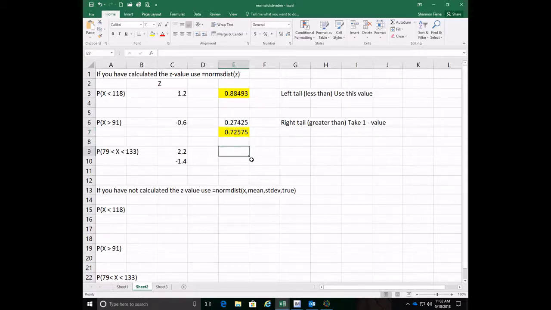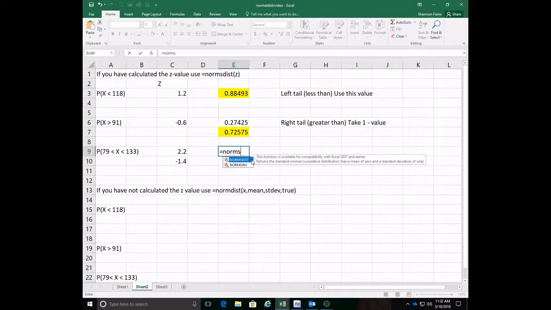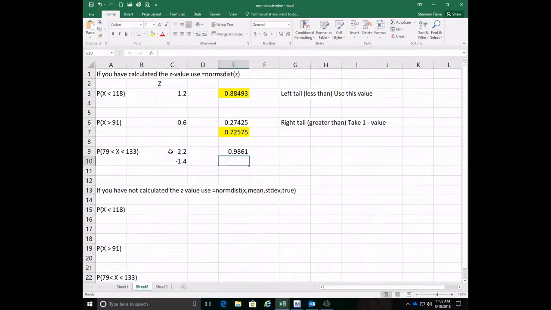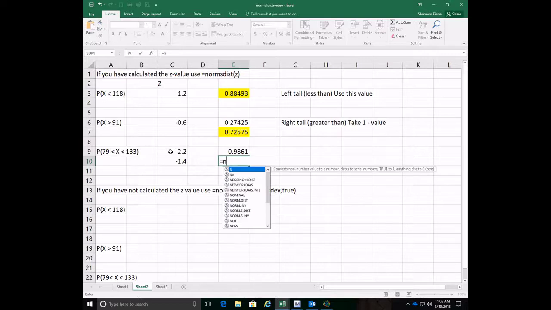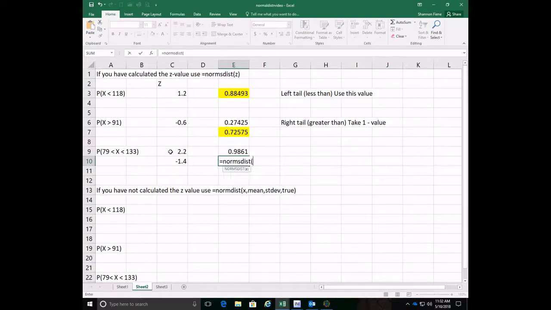All right, now we're going to do 2 NORM.S.DIST. Equals NORM.S.DIST. Click on our value. Equals NORM.S.DIST. Oops, I don't know where that parentheses came from. NORM.S.DIST. Click on our value. All right, and now this was a between.